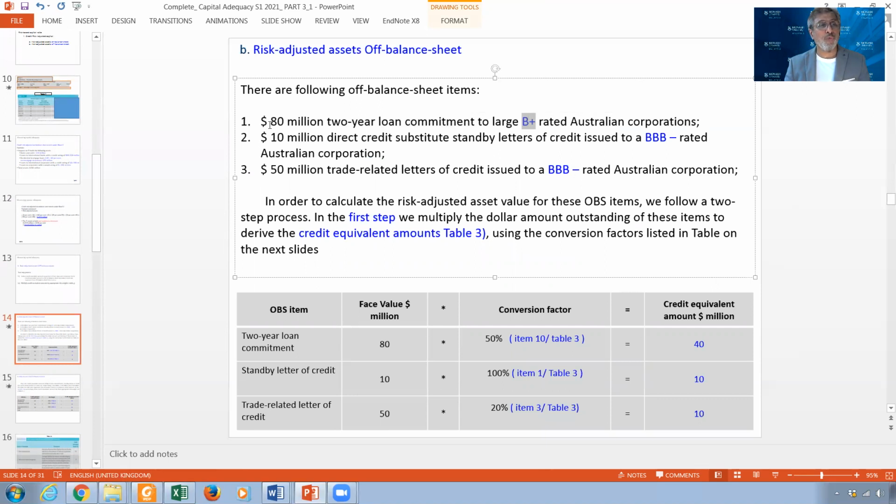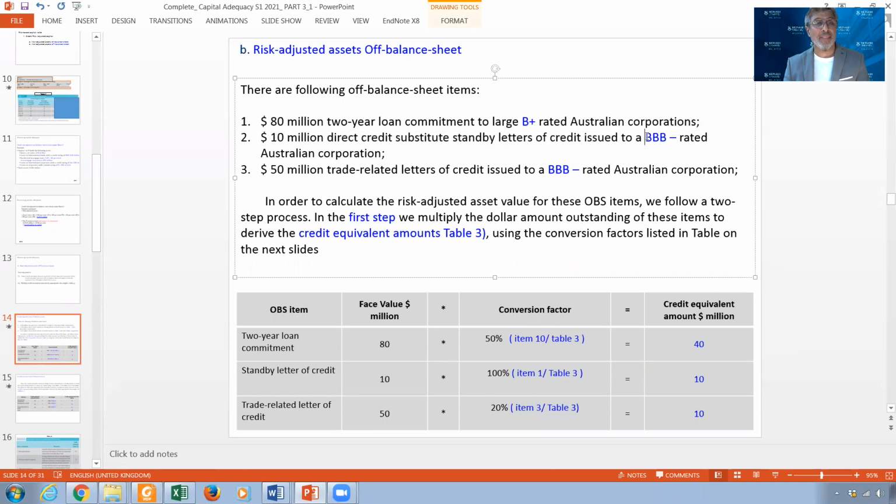But I need to convert this first to how much this loan commitment will be in terms of capital. If it is crystallized, what is my risk on that? And then I need to multiply it by the rating of the counterparty, which means whom I have the contract with. Same thing applied to 10 million of direct credit substitutes, standby letter of credit.